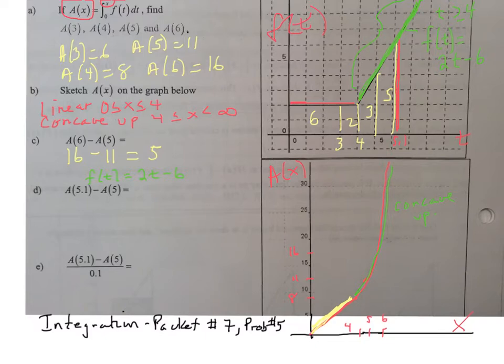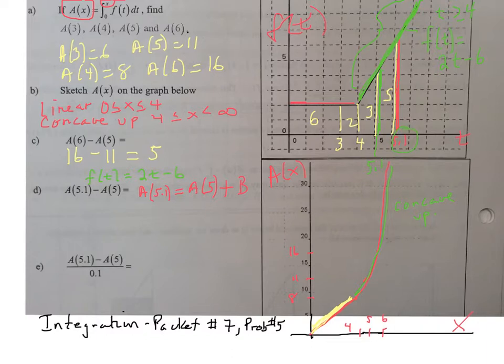So A of 5.1 is the value of A of 5 plus a little bit more. And I'm going to call that little bit more to be b. Okay, when I drew where my red line where 5.1 is, I was actually off by a value. 5.1 is actually right here.